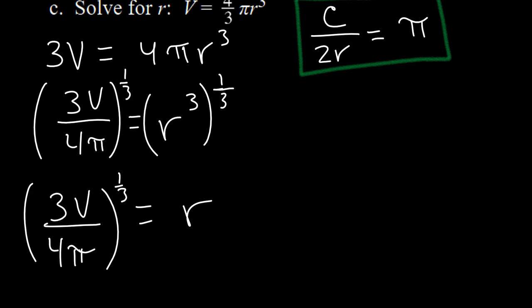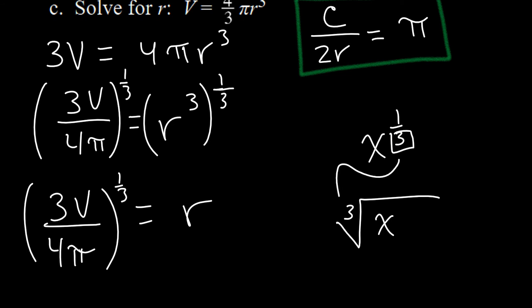And I think we've also discussed this in class, right? If I have any value x and I'm raising it to the 1/3 power, that's exactly the same as the cube root of that x. So this denominator in the exponent seems to be playing the role of the root index, right? So I could take the cube root and get the same thing.